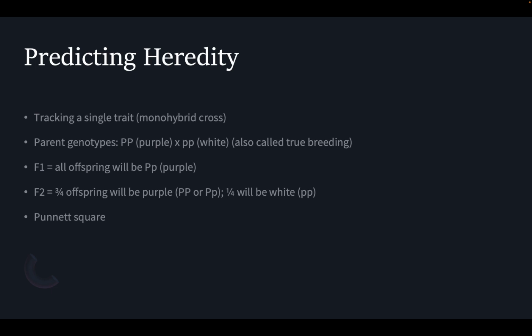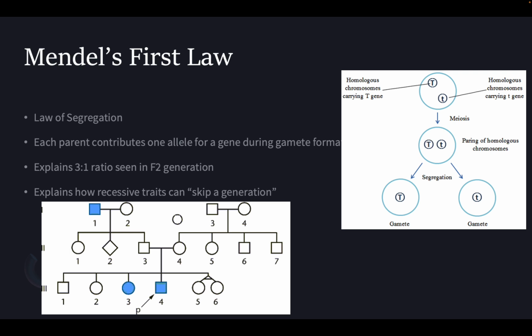So, what do we see here? How did Mendel interpret this? Well, he called it the law of segregation, that each parent contributes one allele for a gene during gamete formation. So if you have the heterozygote, right, carries one dominant allele, one recessive allele.